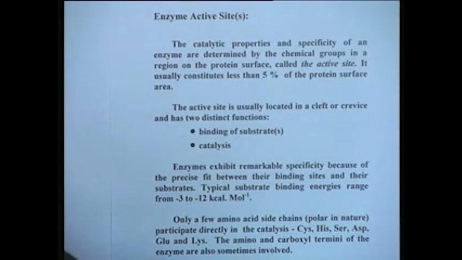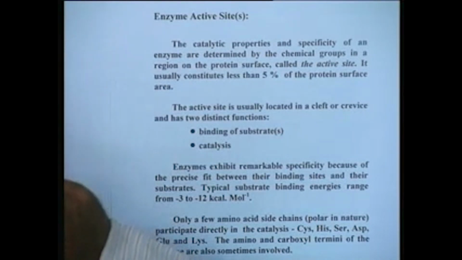Now, the enzyme active sites essentially determine the catalytic properties and specificity of the enzyme, and these properties are essentially determined by the chemical groups attributed by the amino acids present in a particular small region, what we understand as the active site.